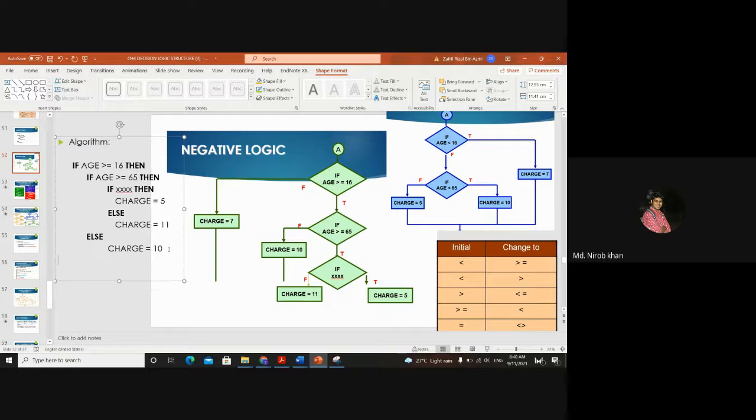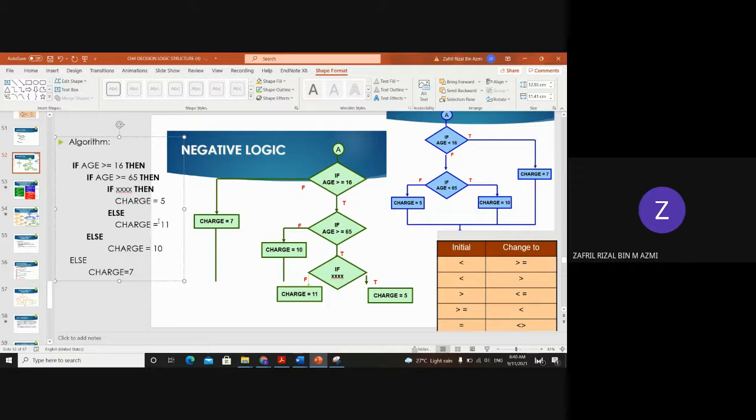So this one should be in line with this one. So this is the else for this value over here. So else, and this one, charge equal to 7. Right?